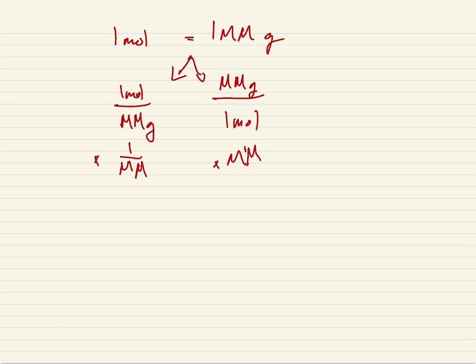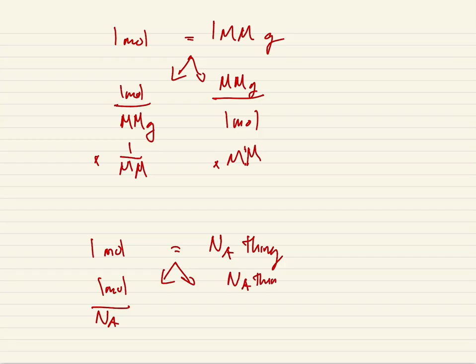Avogadro's number says that we have 1 mole equals Avogadro's number of things. So if we do the same thing, we get 1 mole over Avogadro's number things, and then Avogadro's number things over 1 mole. This is the same thing as multiplying by Avogadro's number, and this is the same thing as dividing by Avogadro's number.